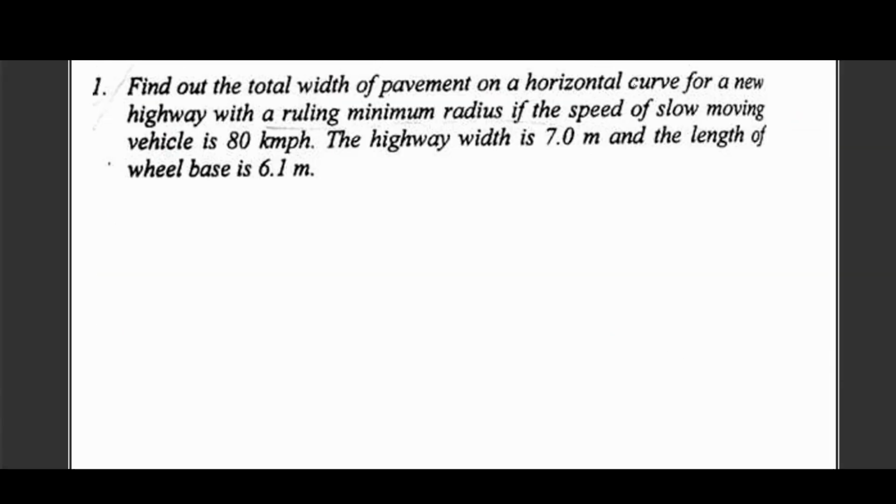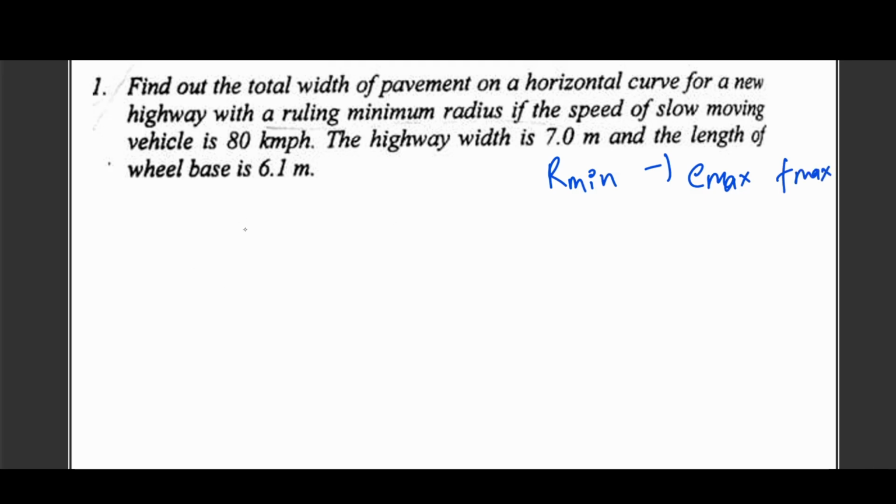Okay. This is a very simple question on extra widening. What is given in the question is, find out the total width of the pavement on the horizontal curve for a new highway with a ruling minimum radius. For minimum radius, we know that e, super elevation, should be maximum and f, coefficient of lateral friction, should also be maximum.